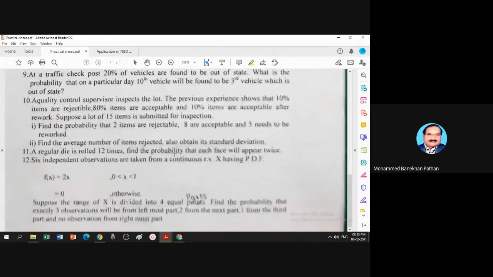The lot which is provided to you for inspection has three types of characteristics. The item in the lot may be rejectable, the item may be acceptable, and third, the item is acceptable not as it is but by doing some rework. So every item has three possibilities.